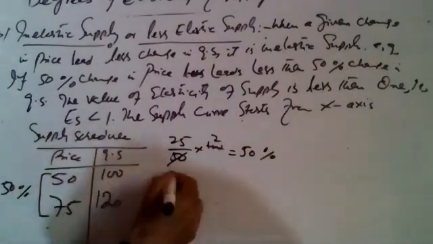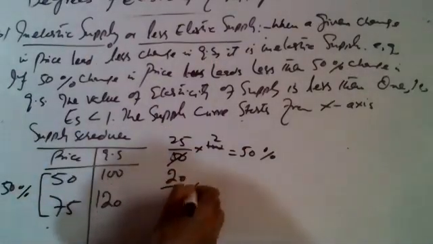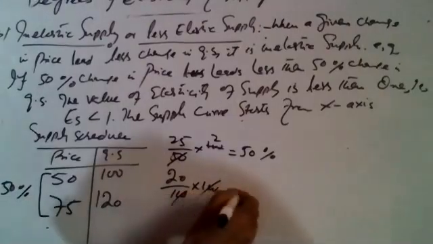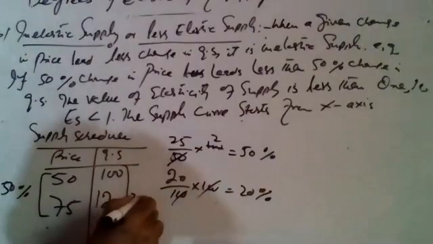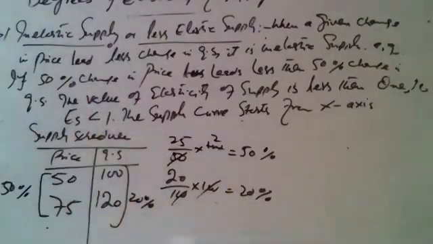Supply change is 20 divided by 100 into 100, the 100 cancels. Supply changes by 20%. Here this is a 20% change. So this is the case of inelastic supply.